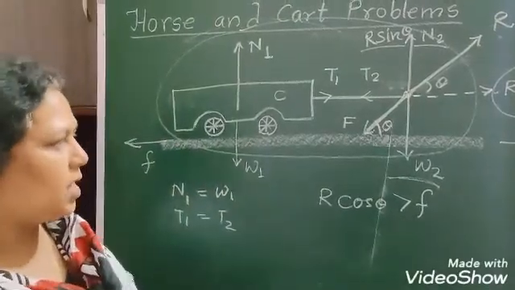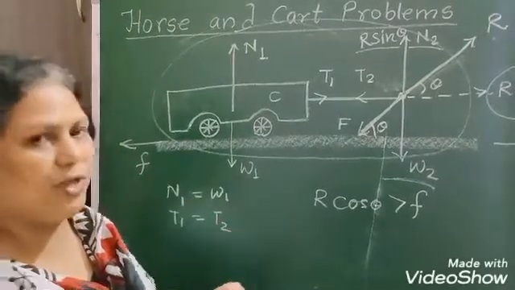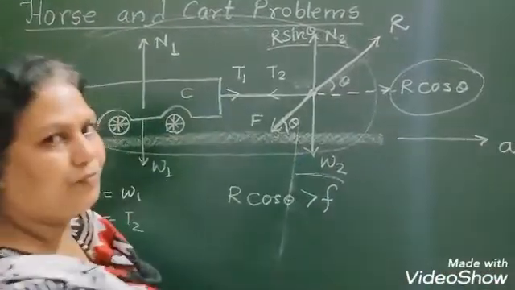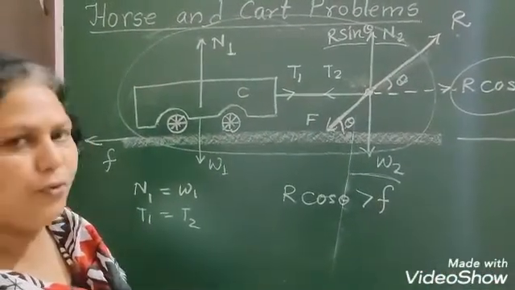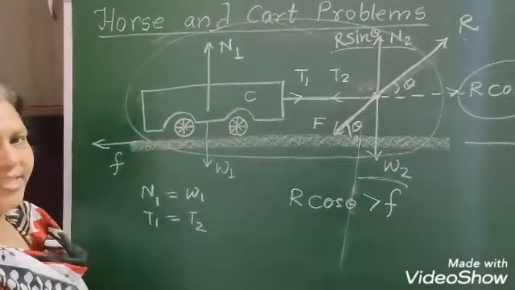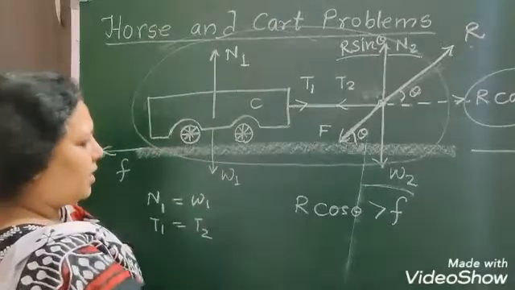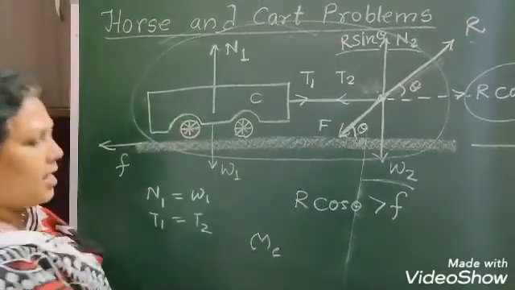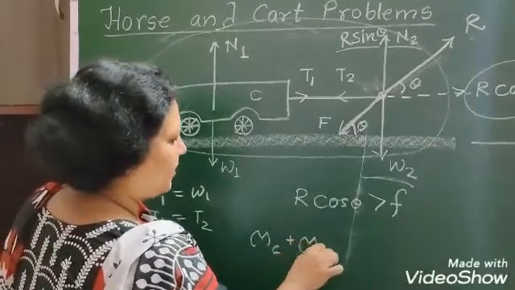Suppose R cos theta is greater than f, now the cart is moving with acceleration A in the forward direction. The force responsible for this is mass into acceleration, with the mass of the whole system. Suppose I write the mass of the cart as mc and the mass of the horse as mh.